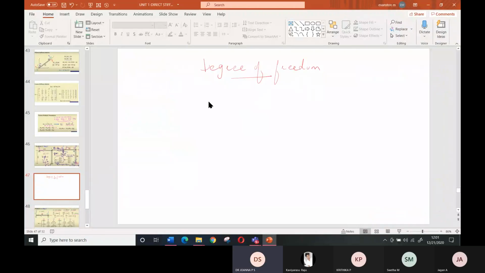Degree of freedom. First, we will go through the beam element because somebody is having a doubt in the beam. Then we will move on to the frame. When you take the beam element, this is a beam. So how will you number? We will not consider the horizontal forces.